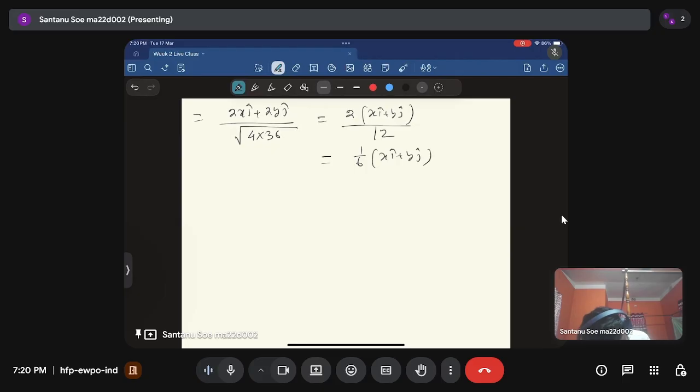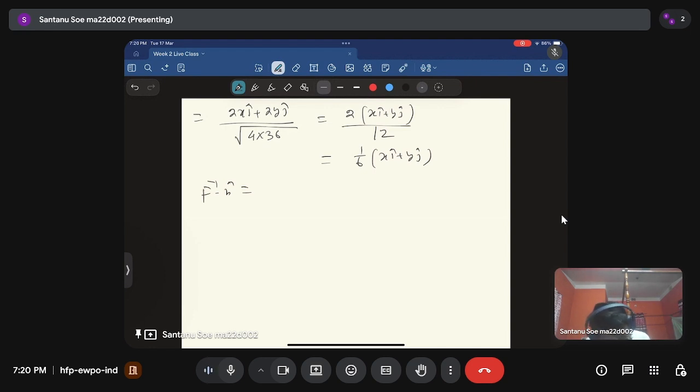And then F dot n cap is just x z square by 6 plus x y square by 6. So this is x times (z square plus y square) by 6. Okay.